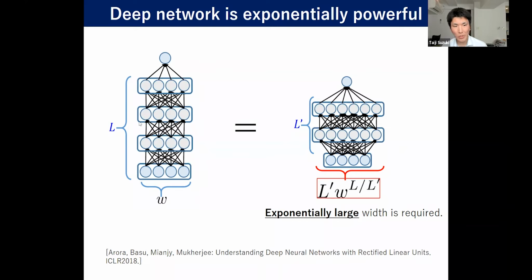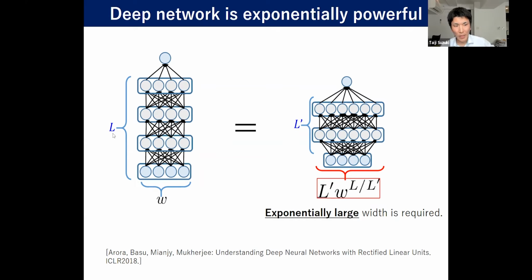The constraint is that the depth L prime is much smaller than the original network. The answer is that the width should be as large as L prime times W to the power of L divided by L prime.